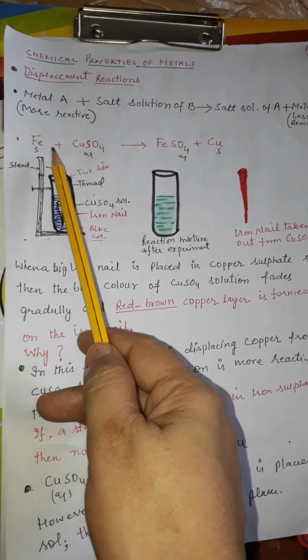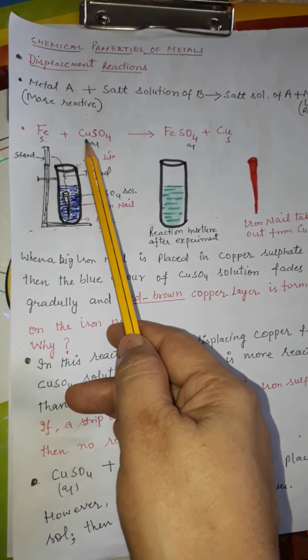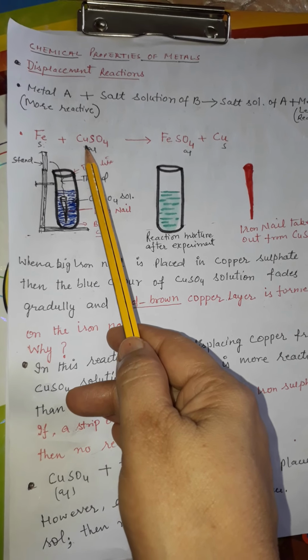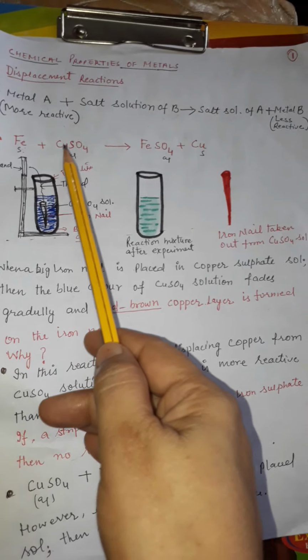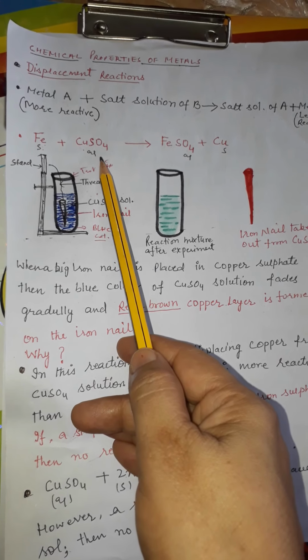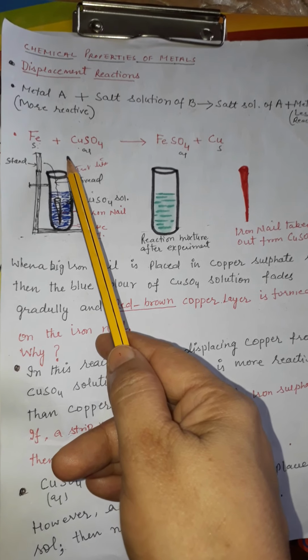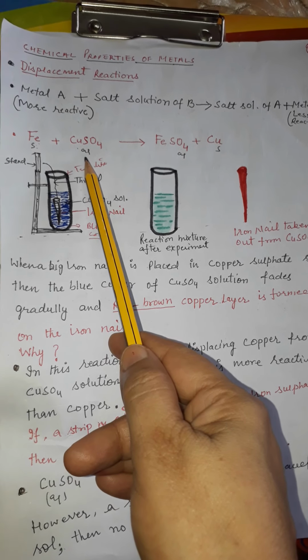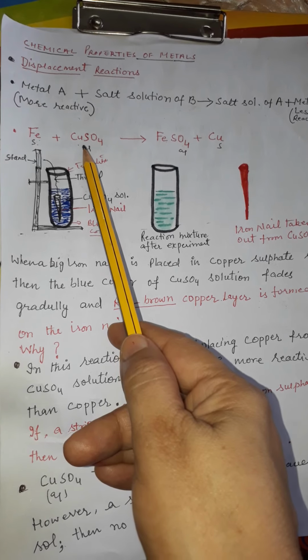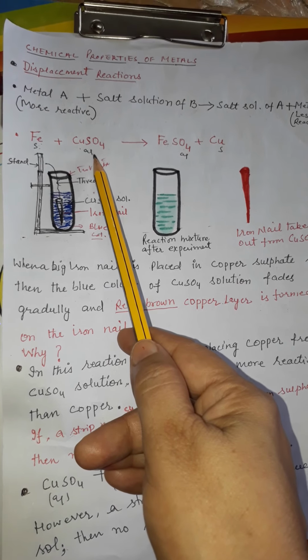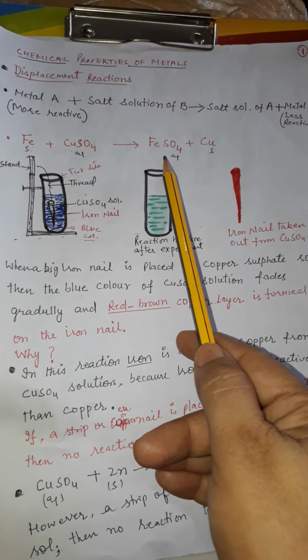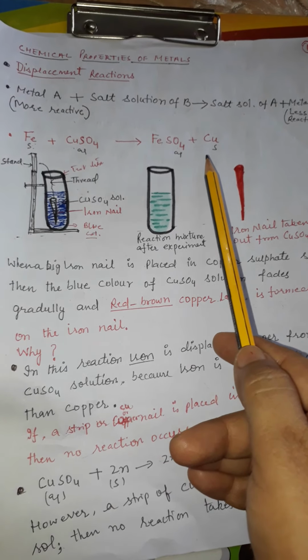Iron is more reactive than copper which is present in the solution. So iron will displace the copper from copper sulfate solution and iron sulfate and copper is formed.